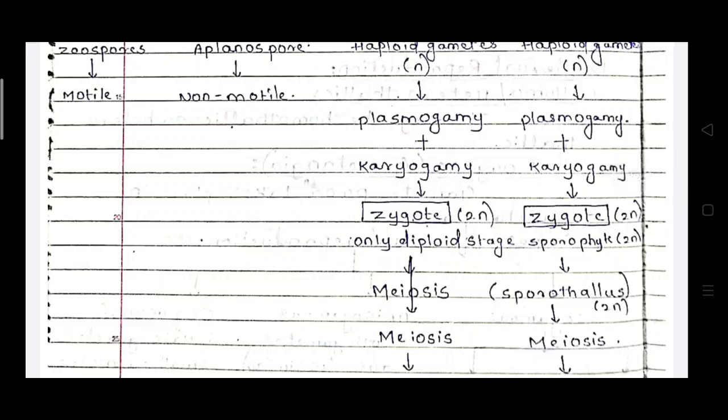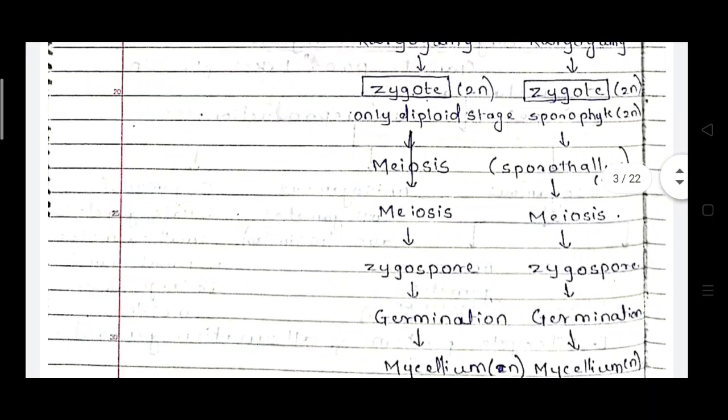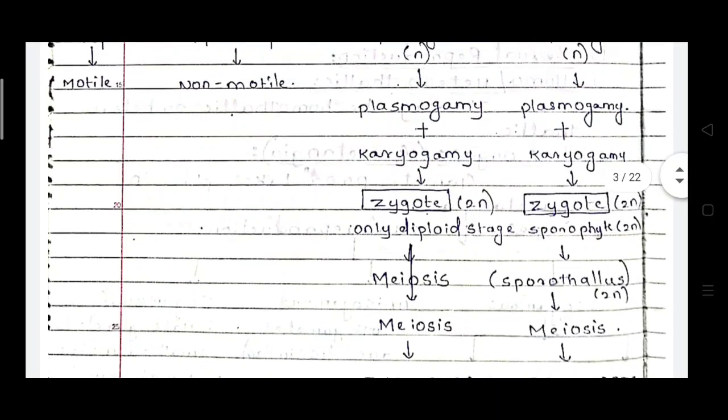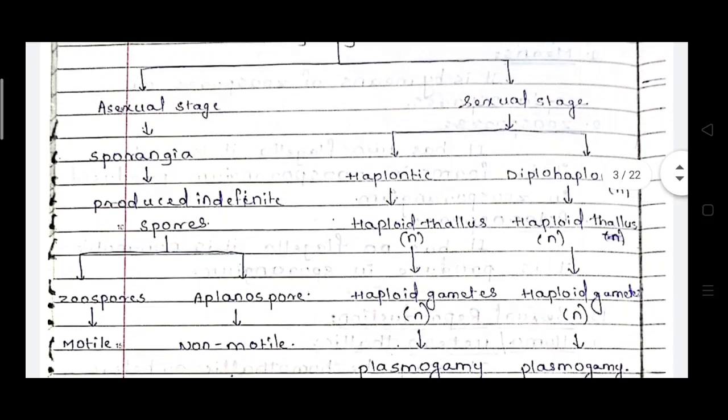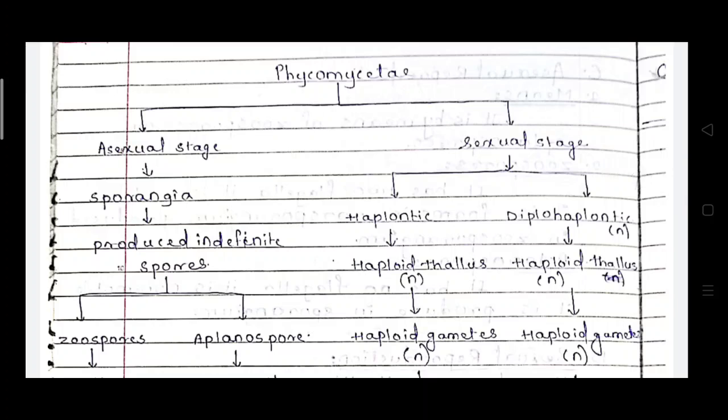In the sporophyte, or sporothallus, the meiosis process is done, and after the meiosis the zygospores are produced, and these zygospores germinate as a mycelium. So this type of life cycle is present in the Phycomycetes groups. So this is regarding the life cycle.